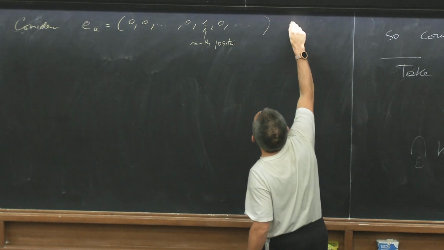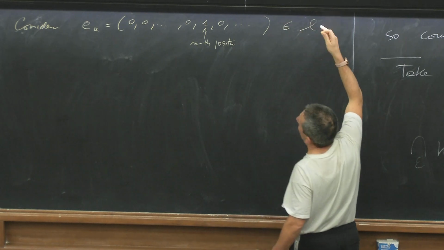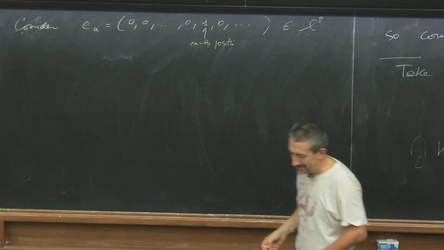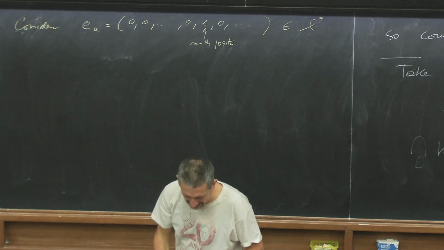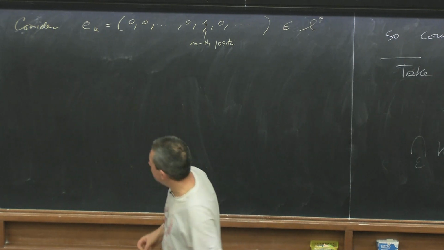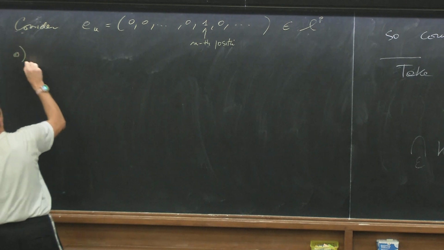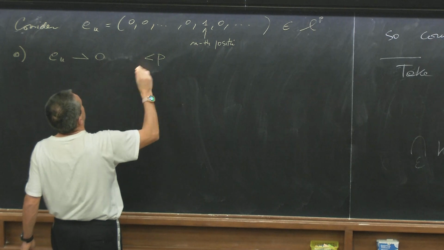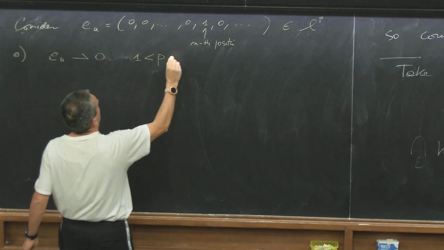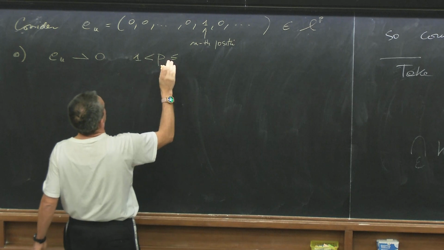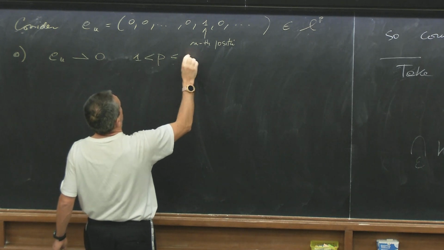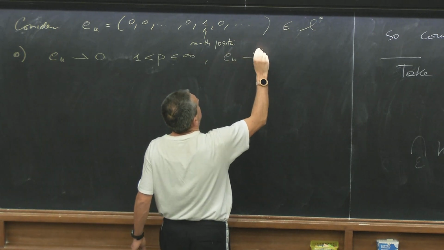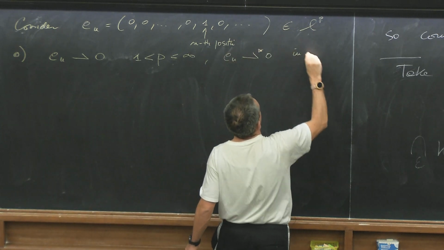These are vectors in L1, L infinity, any p. So, first point: e_n weakly converges to 0 for p in (1, infinity), or e_n weakly star converges to 0 in L infinity.